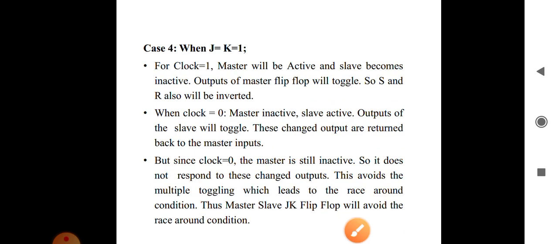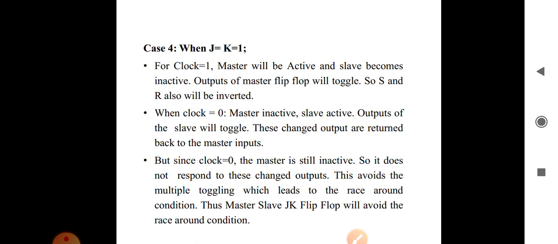Then we see about J equal to K equal to 1. When J is equal to K is equal to 1, for clock equal to 1, the master will be active and slave becomes inactive. The outputs of the master flip-flop will start to toggle. So S and R also will be inverted. When clock is equal to 0, the master is inactive and slave is active.